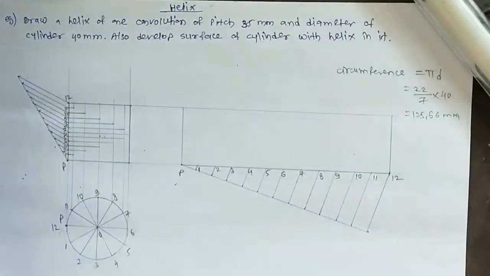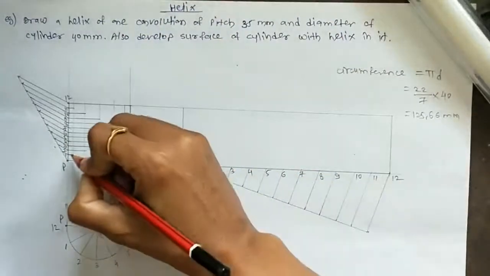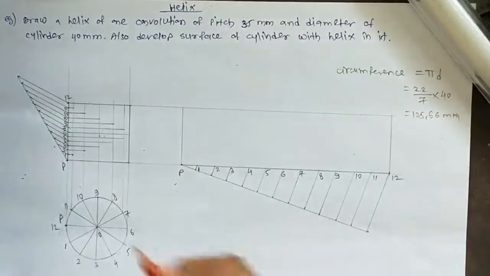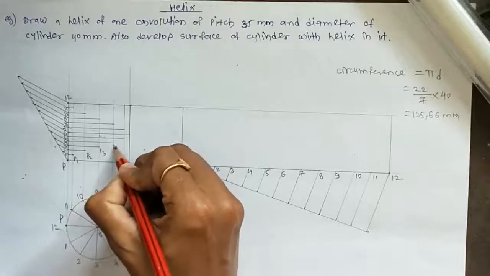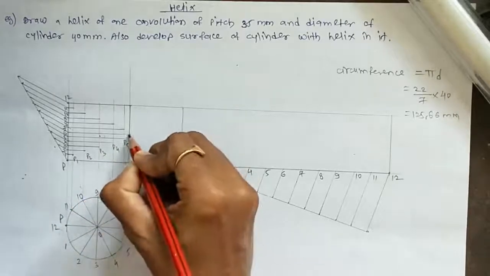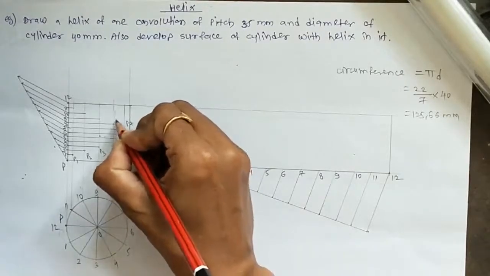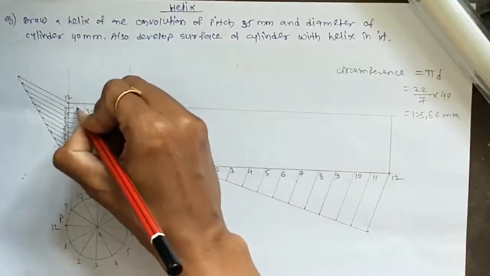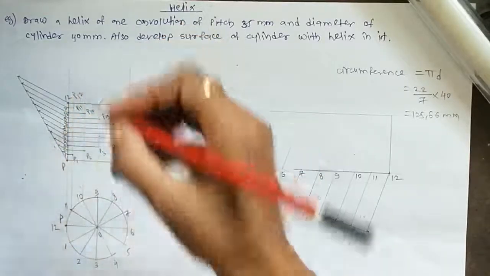And in this way we got these points. Give names to these points as point P1, P2, P3, P4, P5, P6, P7, P8, P9, P10, P11 and the last point as point P12.